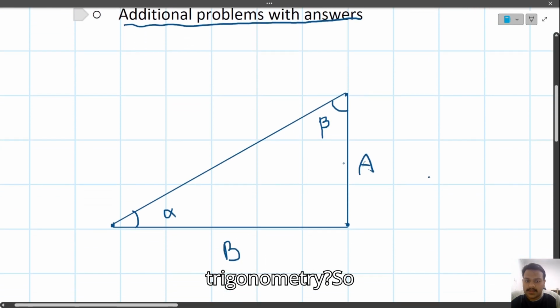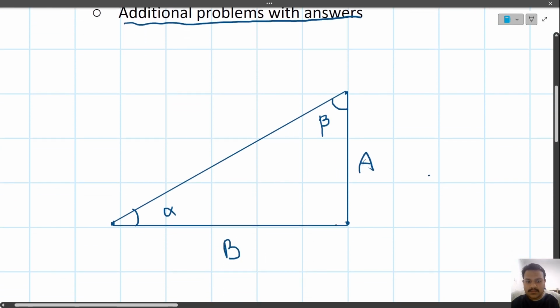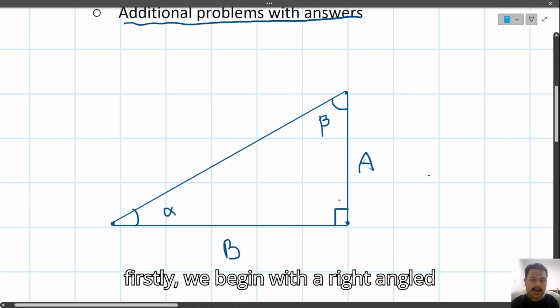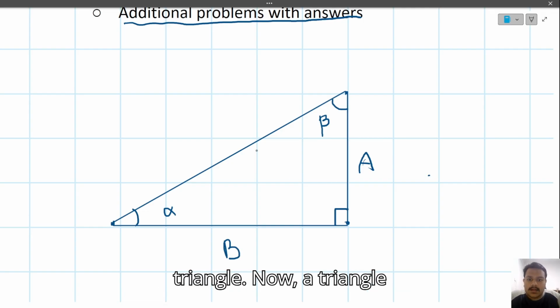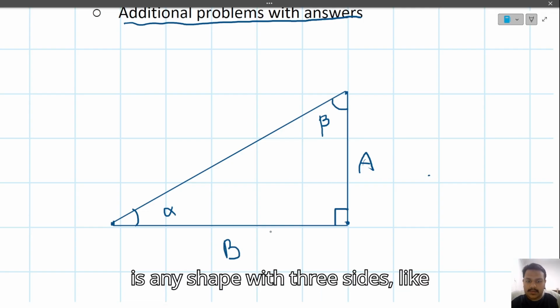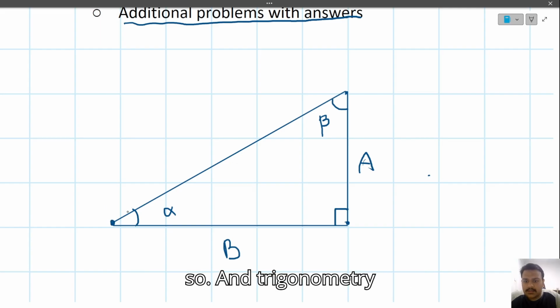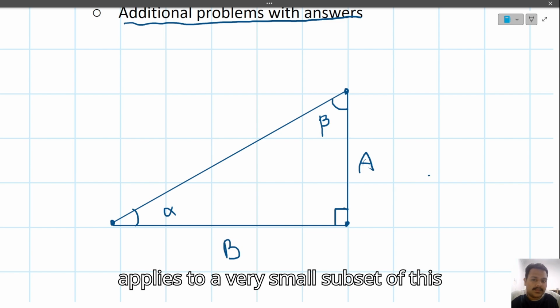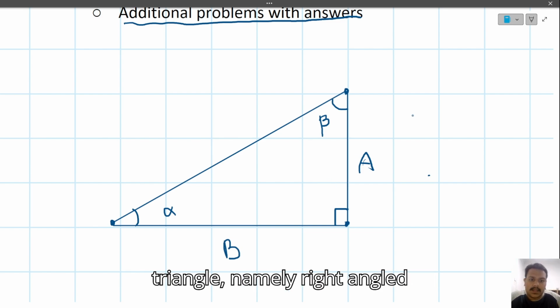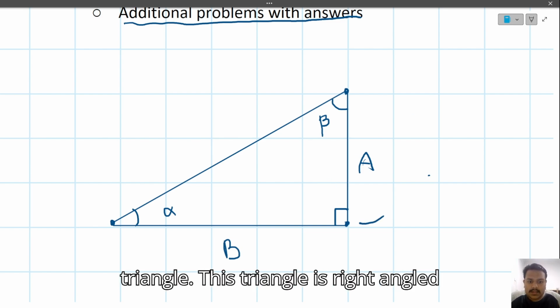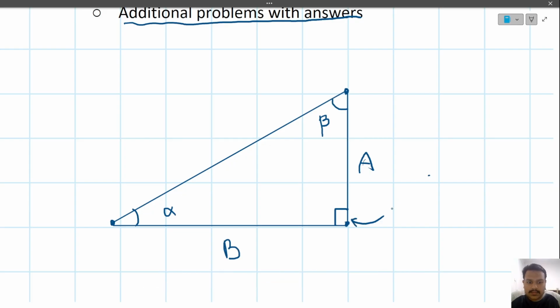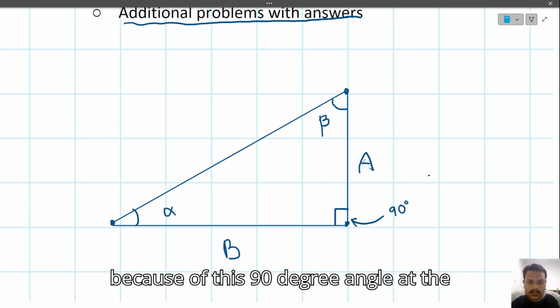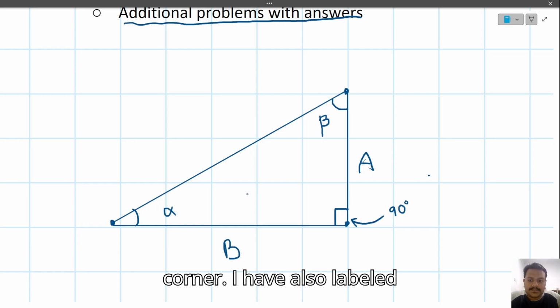What is trigonometry? Firstly, we begin with a right angled triangle. A triangle is any shape with three sides, like so. And trigonometry applies to a very small subset of these, namely right angled triangles. This triangle is right angled because of this 90-degree angle at the corner.